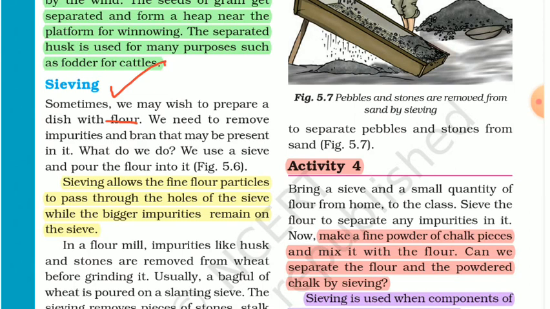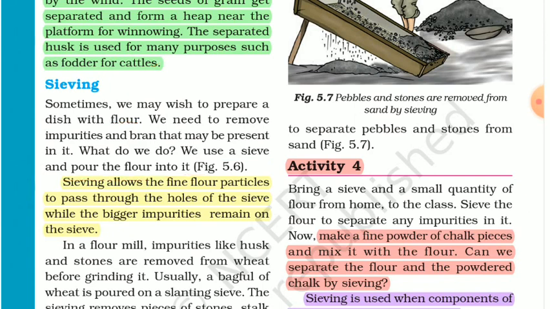So what we have to do is sieve it, right? As we use a strainer to remove the tea leaves from the tea, similarly we will use a sieve to separate the impurities, or the larger particles, from the smaller particles of the flour.